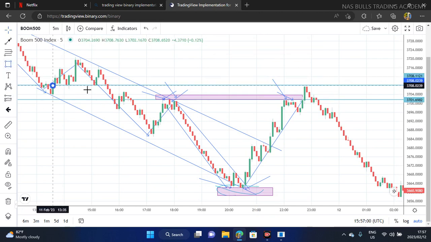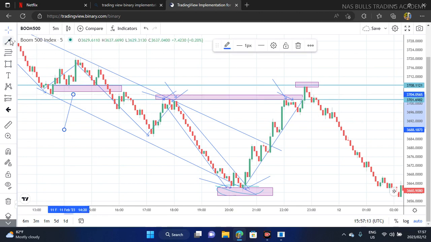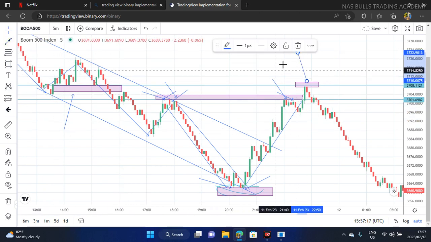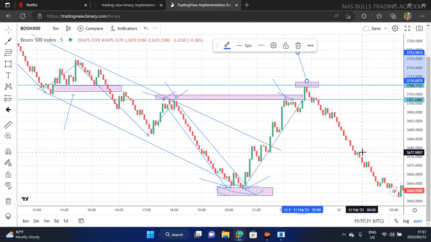As we have this area, let me show you something. We have this portion and this portion. Look what happened. After it reaches that first area, it goes down, giving us our sell signal. Look at this.